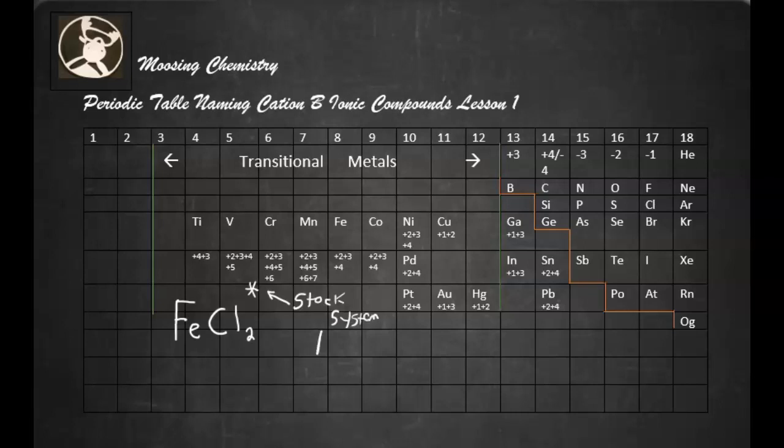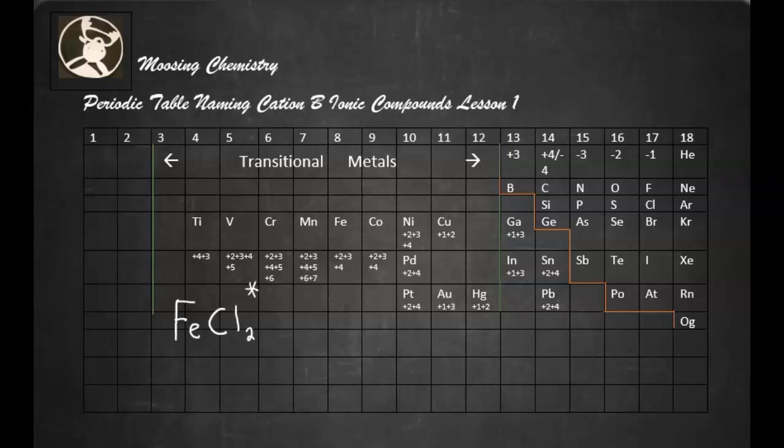And that stock system uses something called Roman numerals. Just remember, every time you see an asterisk, we're talking about the stock system and Roman numerals. So let's clear that out a bit and get some space here.